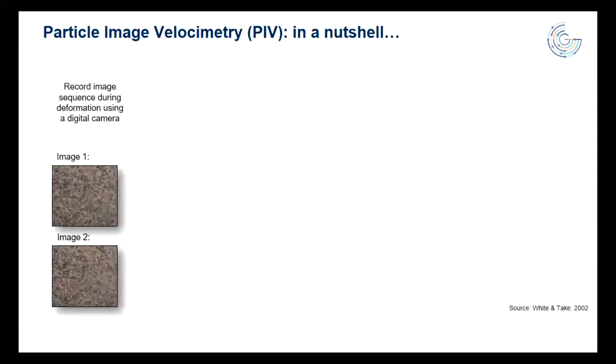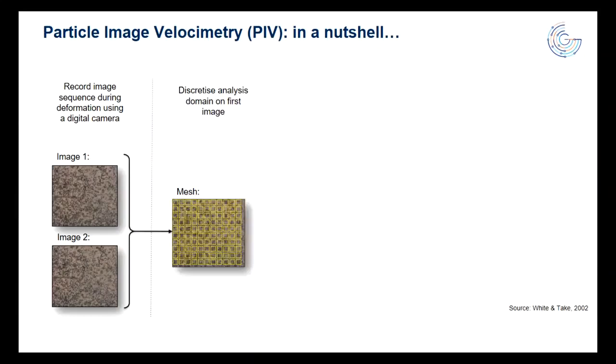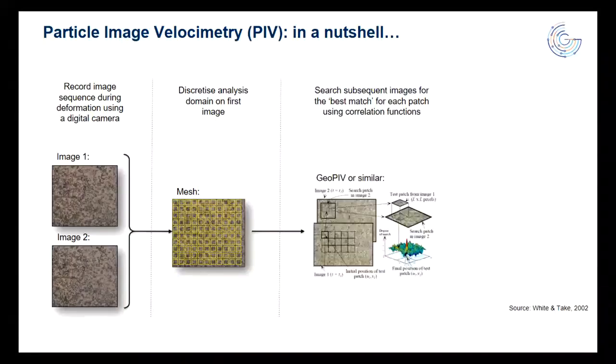So first of all, what is particle image velocimetry? Well, in a nutshell, we've got a couple of images. We might have a sequence of images, but for now we'll stick with two. We discretize this with what we call a mesh. Here we've got these little yellow squares representing subsets of the first image, or reference image. And what we do is we then look for the position of those subsets in subsequent images in our sequence.